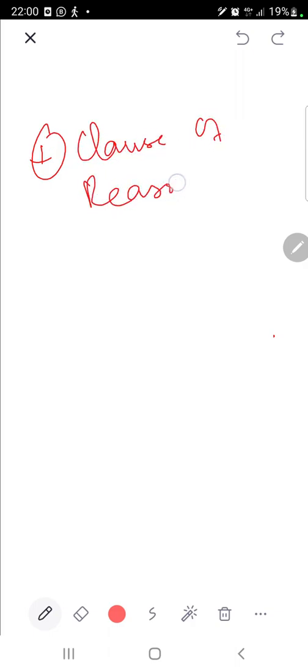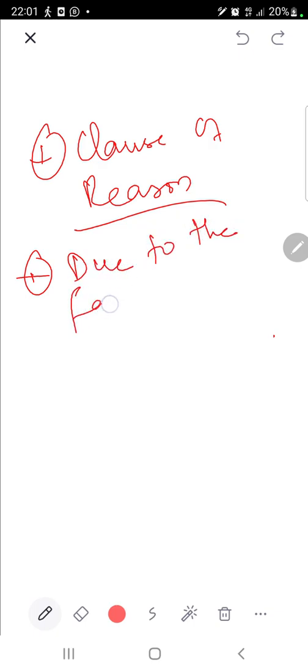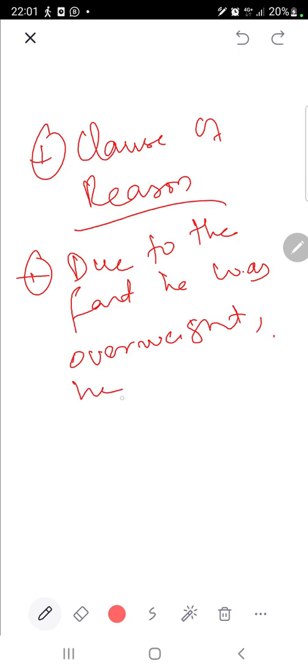Now the last clause is your clause of reason. In a clause of reason, the first thing is the consequence of the other thing. For example, due to the fact he was overweight, he was advised to do exercise.